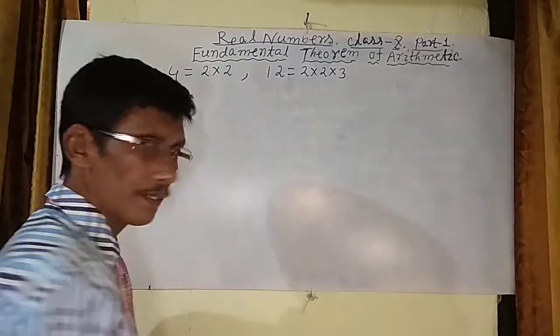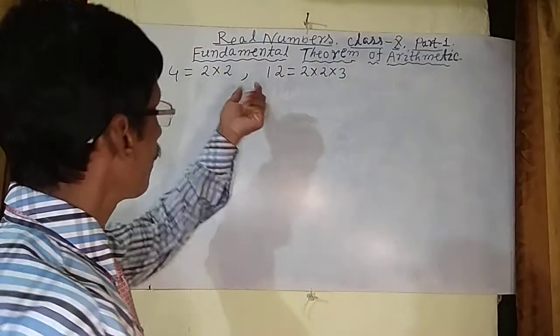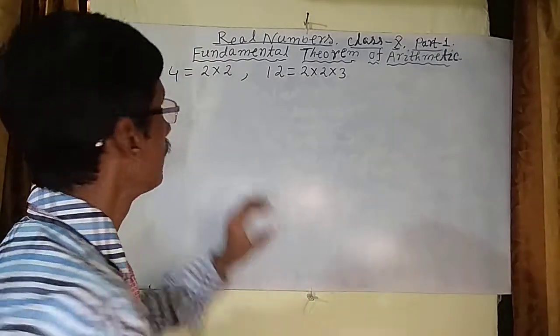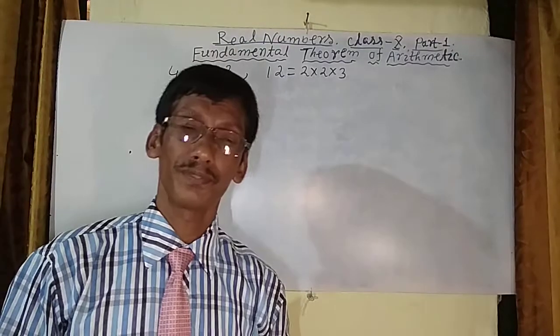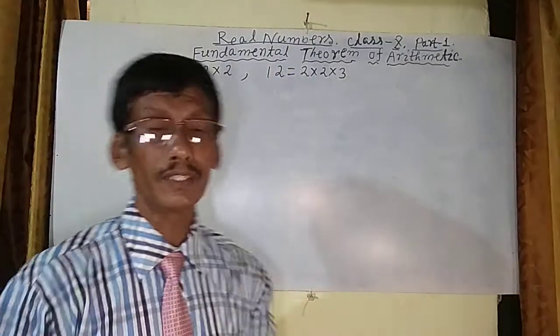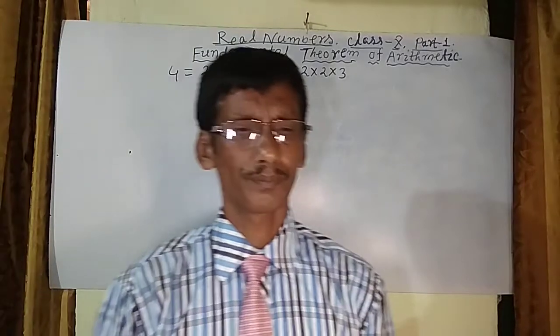Both are prime numbers. So in this form, you can express any number as a product of prime factors. This form is called the fundamental theorem of arithmetic.